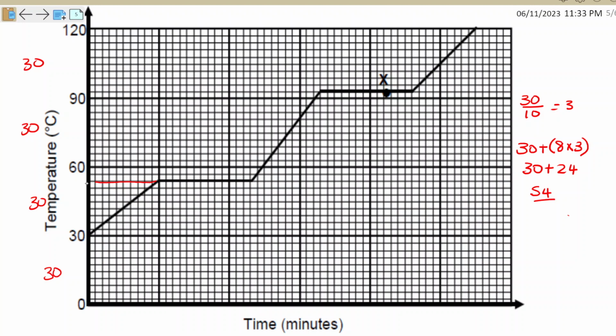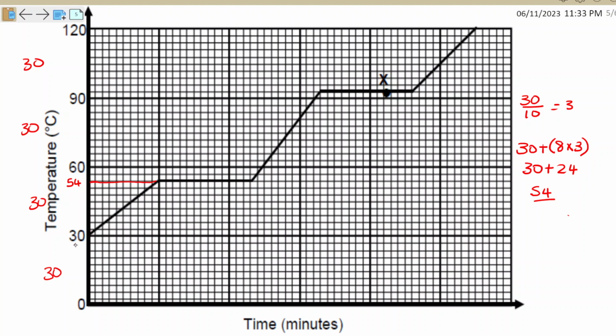So that means this value now must be 54. Because we added 8 blocks which has a value of 3 each. It's like 3, 6, 9, 12, 15, 18, 21, 24.